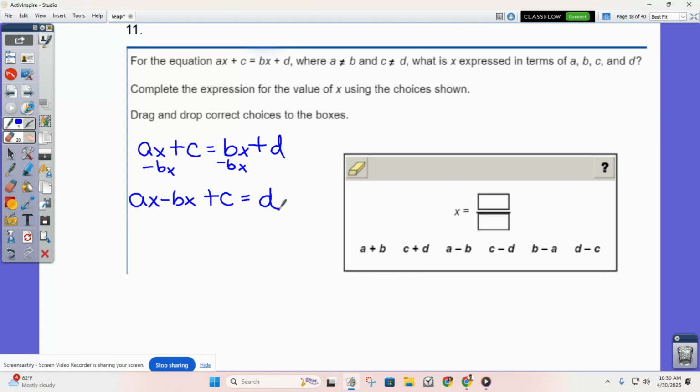Y'all should be writing this. I have both my x's on the left, but I need to get rid of this constant c. So I'm going to subtract c on both sides. So I'm left with ax minus bx equals d minus c.